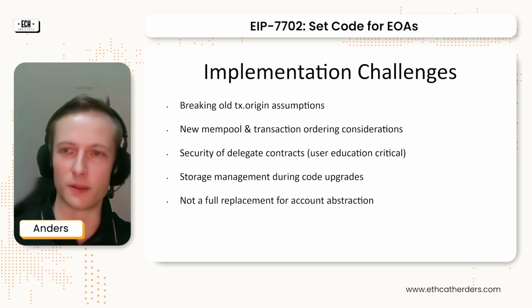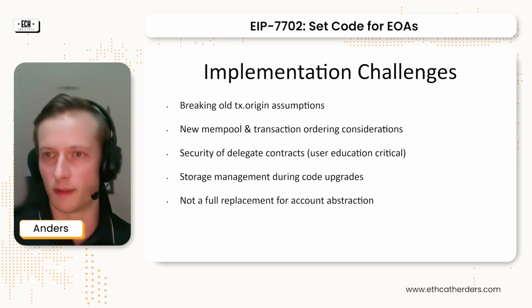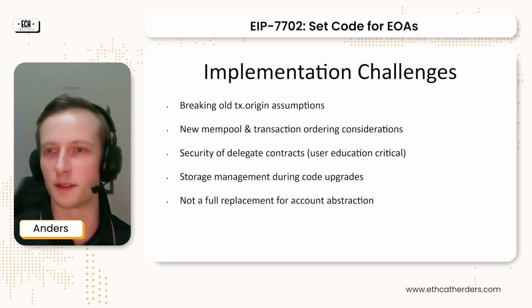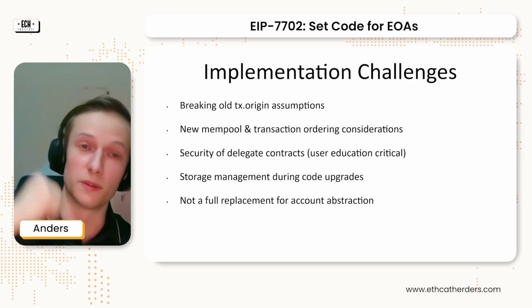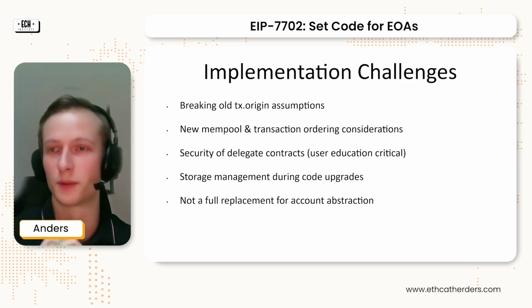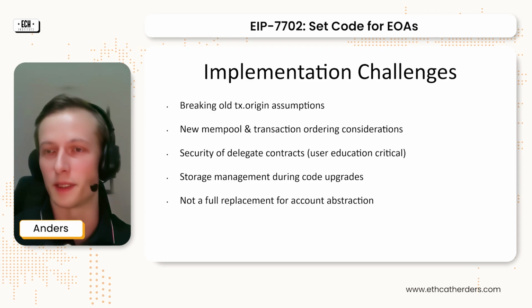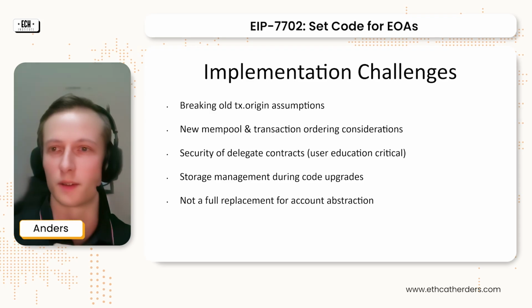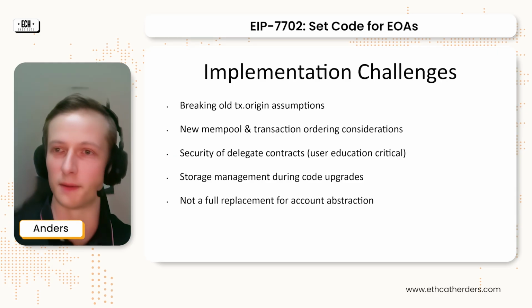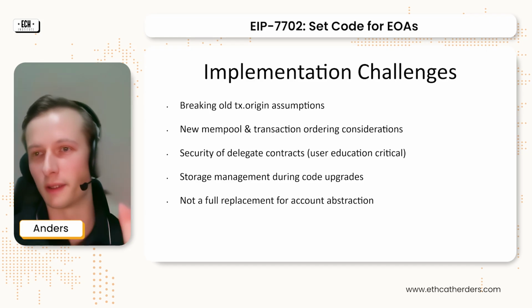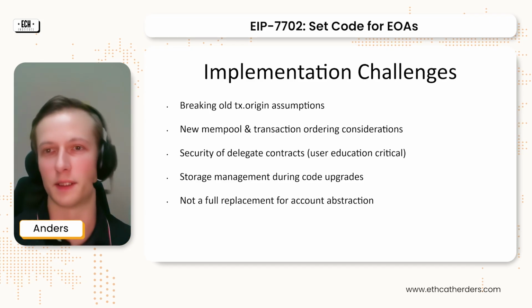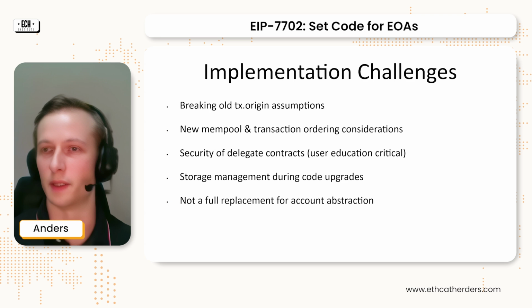Anyone running a node has a certain amount of memory, and if anyone can just create transactions and send them to your node, then at some point you're going to run out of memory, quite simply. So usually we have some rules. When we receive a transaction, we check that the nonce is correct and that you actually have funds in the account to pay for it. Otherwise, we just reject it, because there's no point in accepting a transaction which has basically zero chance of actually being included.